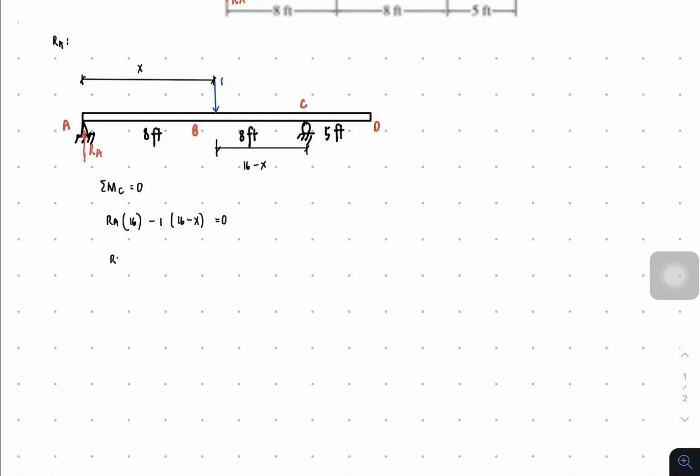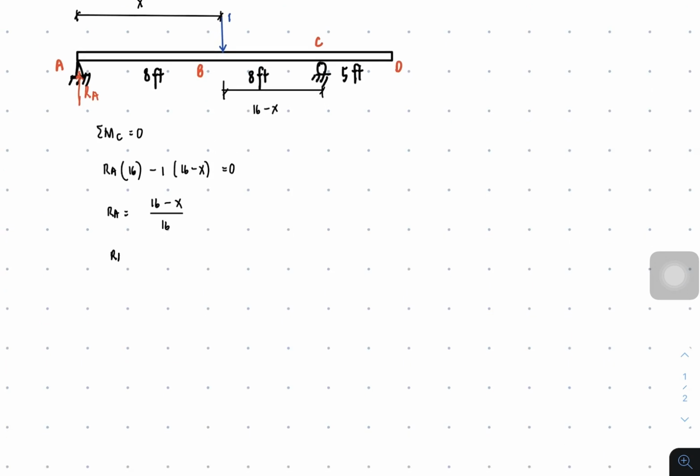So we will be getting RA now equal to, transpose this to the other side, it will become positive 16 minus X, and then divided by 16.